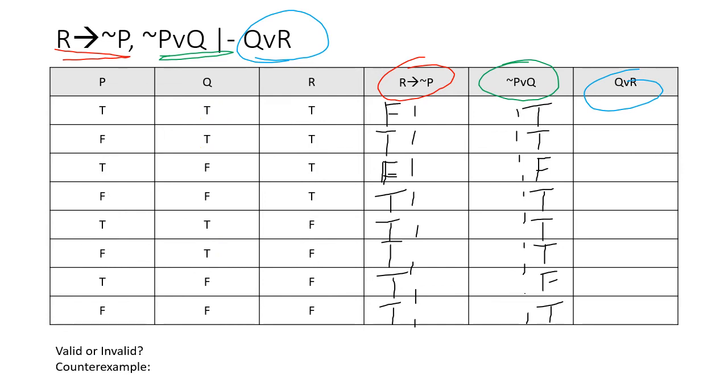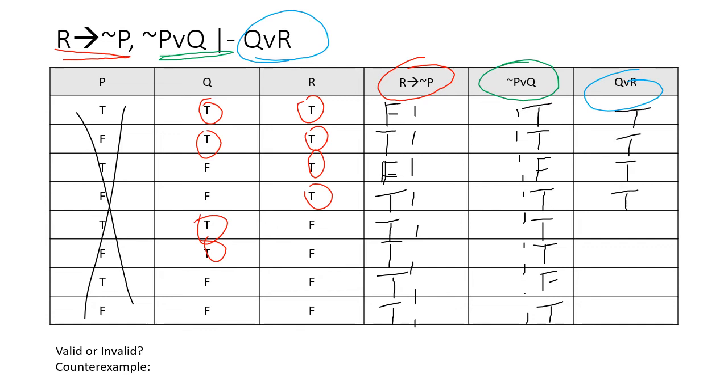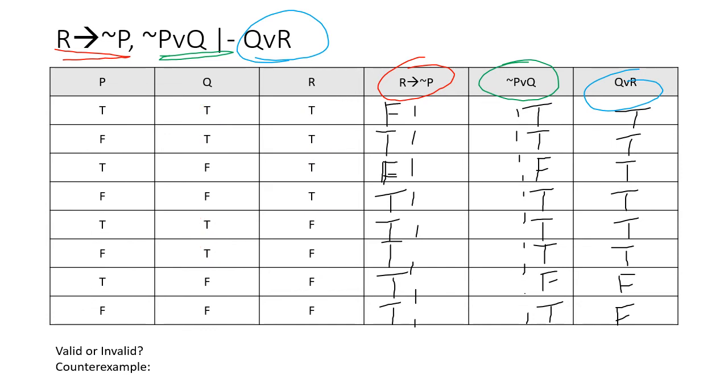And then finally, we have to do this Q R. And just as before, it's wherever the sides are true. And with that, we can do the evaluation of the argument itself, looking for instances in which you have true premises.